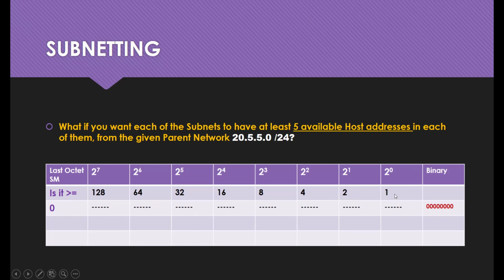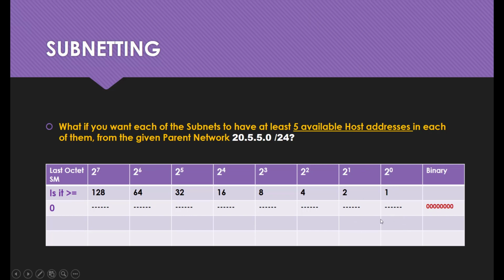So let's try and see if we are left with just one bit for the host portion. So using that formula, that will be 2 raised to power 1 minus 2. So 2 raised to power 1 is 2, 2 minus 2 is 0.